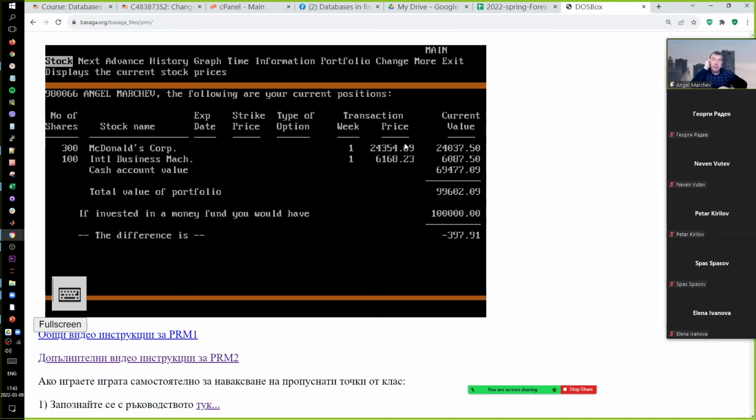It means that we have bought higher than what our evaluation is currently. So every time you want to check if you're winning from a position or earning money from a position, you compare these two numbers. If this is lower, then you're losing money from this position.